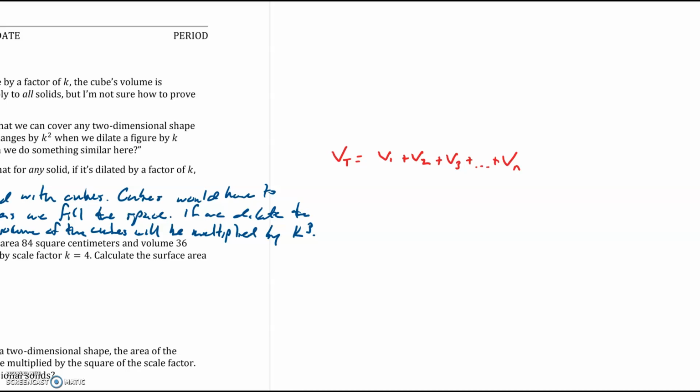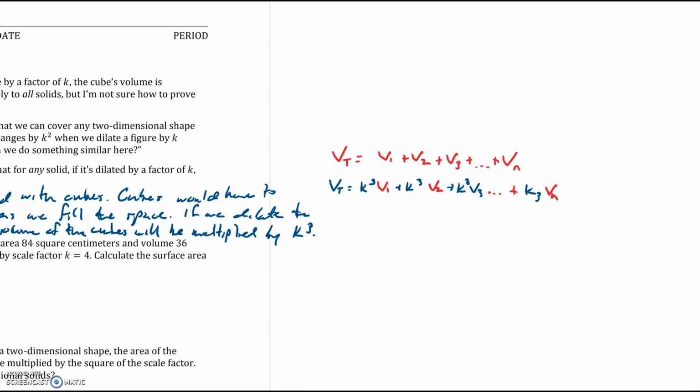If we multiply the original shape by a scale factor of k, then the total volume is going to be k cubed times volume 1, then k cubed times volume 2, then k cubed times volume 3, and so on and so forth, all the way up to k cubed times the volume of however many cubes we have.